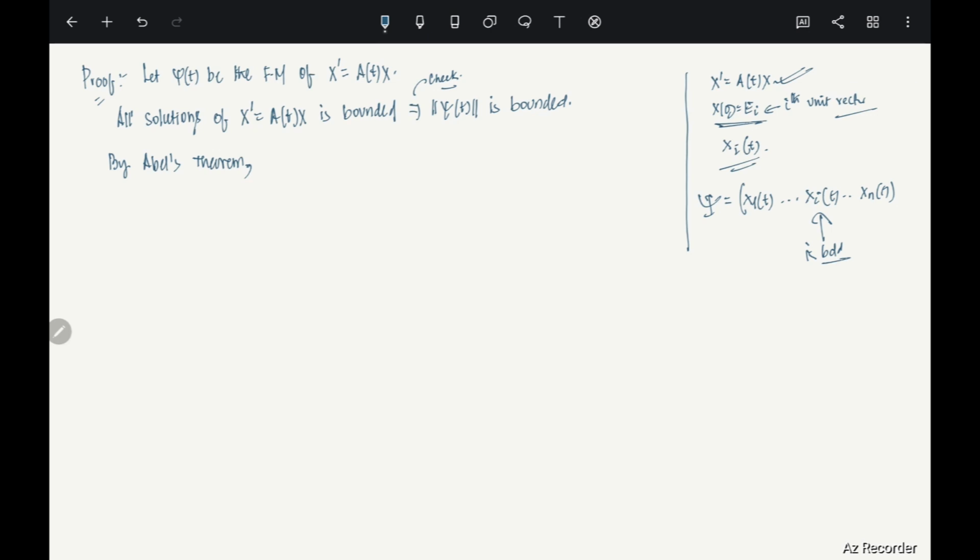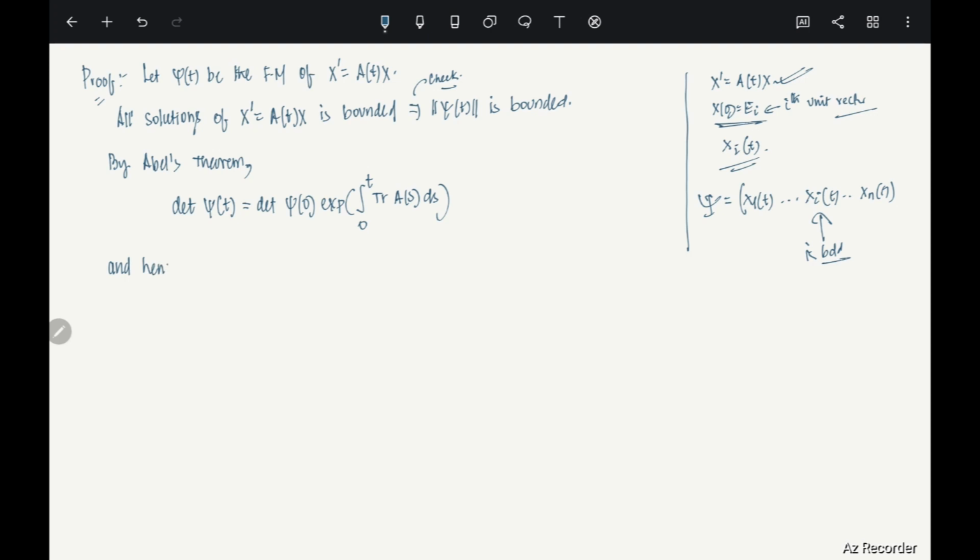By Abel's theorem, for the fundamental matrix, the determinant of Φ(t) is nothing but the determinant of Φ(0) times exponential of the integral from 0 to t of trace of A(s) ds. This is direct from Abel's theorem.